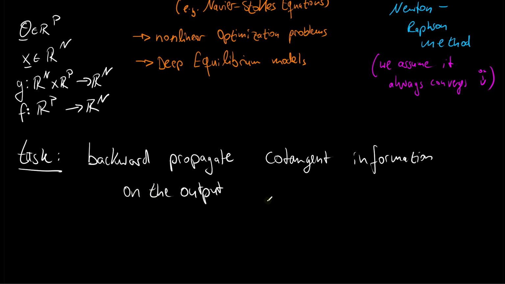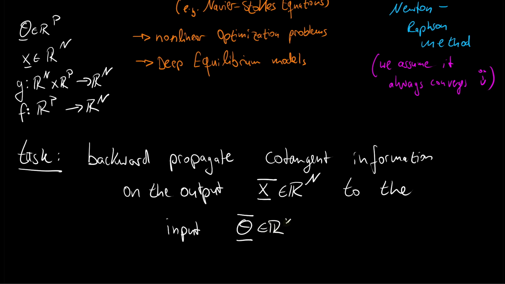The output of our function was the vector x, but now we have cotangent information, so we denote that with a bar on top, and this one is of the same shape as the primal output, so it will be an n-dimensional vector. And then we should backward propagate this to the input, and the input was the theta vector, and here we will then also have a cotangent, so I put a bar on top, and this one will be a p-dimensional vector.